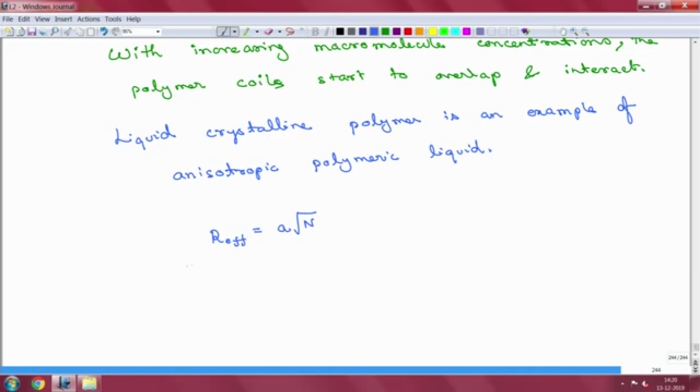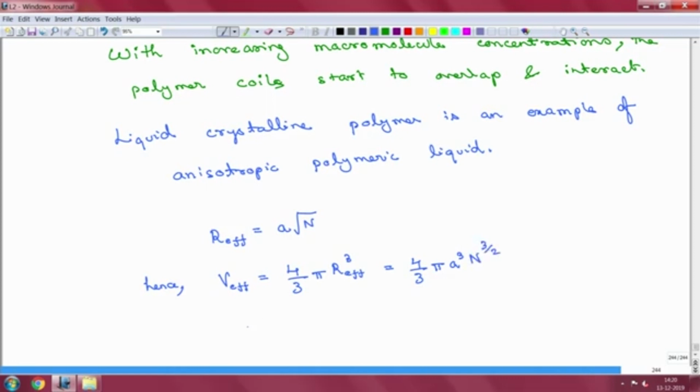So, the volume of such a coiled polymer, the effective volume, I will just write V for volume. Hence V effective is now going to be 4 by 3 pi R effective cubed, which is equal to 4 by 3 pi A cubed n to the power 3 by 2.